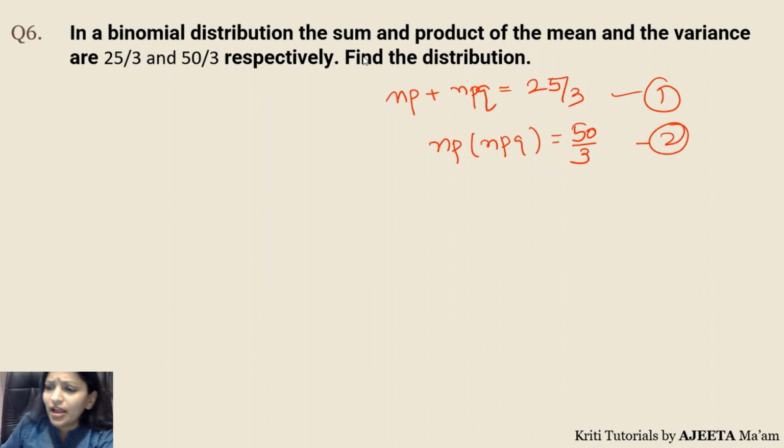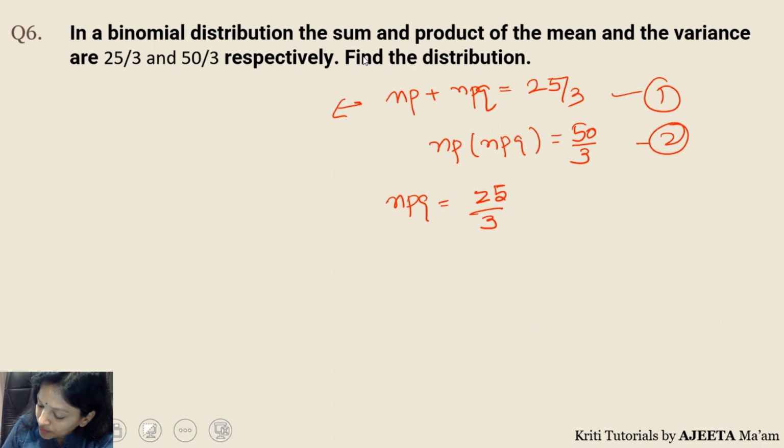So if we substitute the value, we can easily do it. So NPQ, let's substitute. From the first equation, what will be the value of NPQ? NPQ will be 25 by 3 minus NP. Right? That will be the value of NPQ.